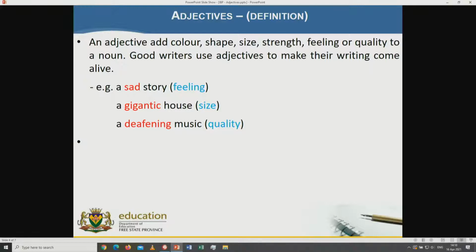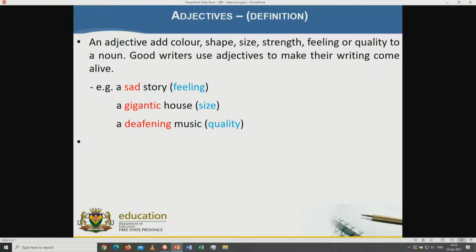Or Mpho has what? Black shoes, for an example. Or she has an interesting story to tell. But look at Sipho. He has sad or bad news. Sipho received bad news this morning.